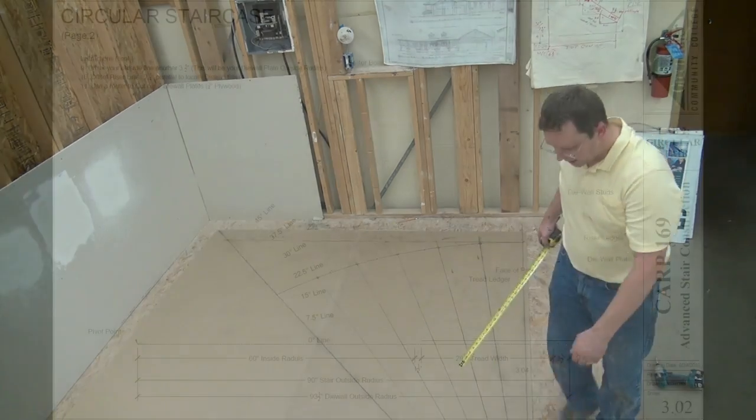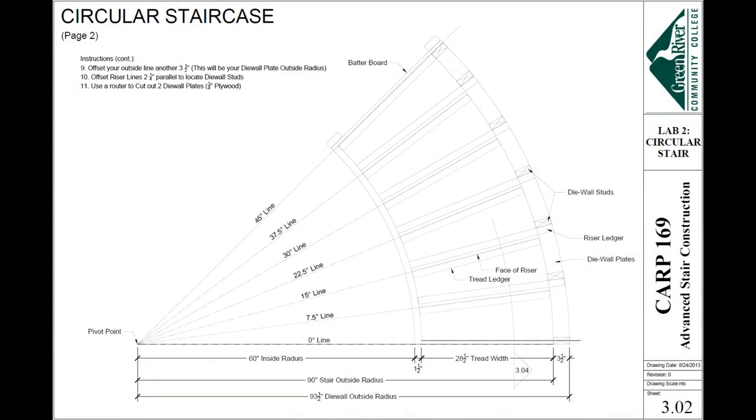If you refer to your plans on page 2, we have a 60-inch inside radius and then another 1.5 inches beyond that for our stringer. So we'll mark a 60-inch and a 61.5-inch radius.